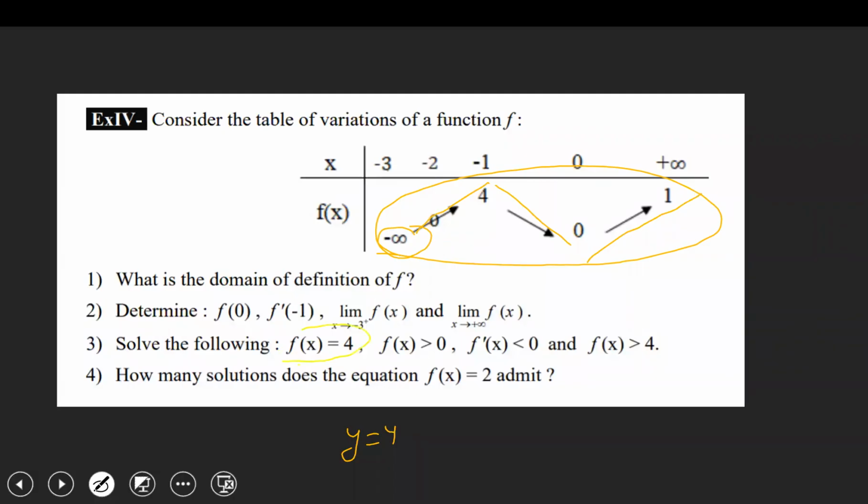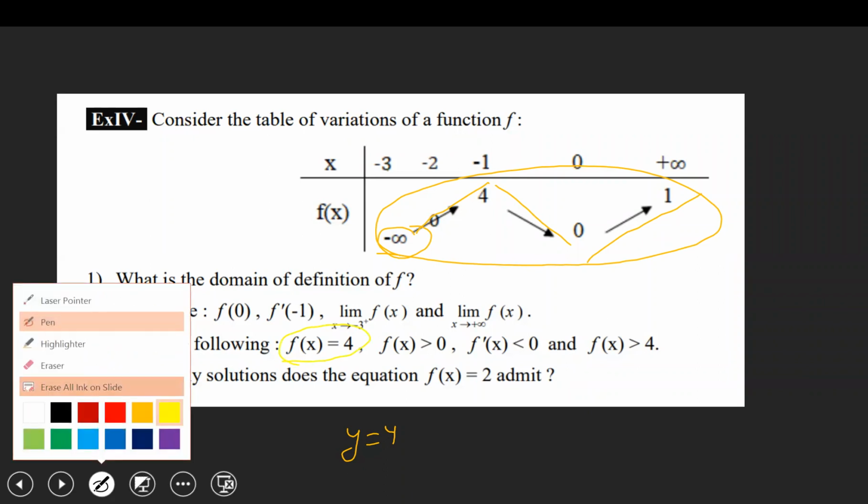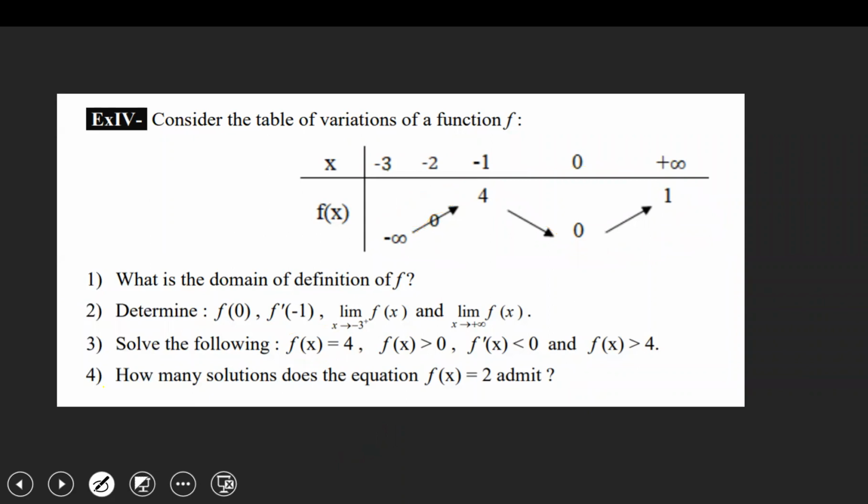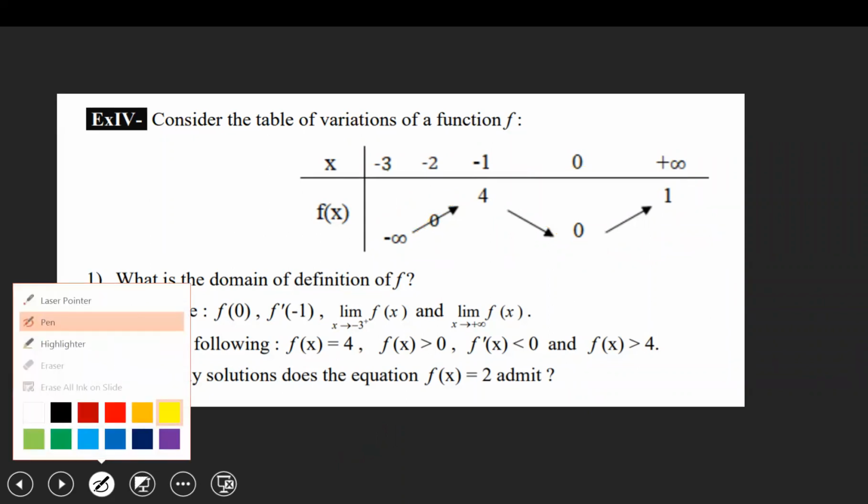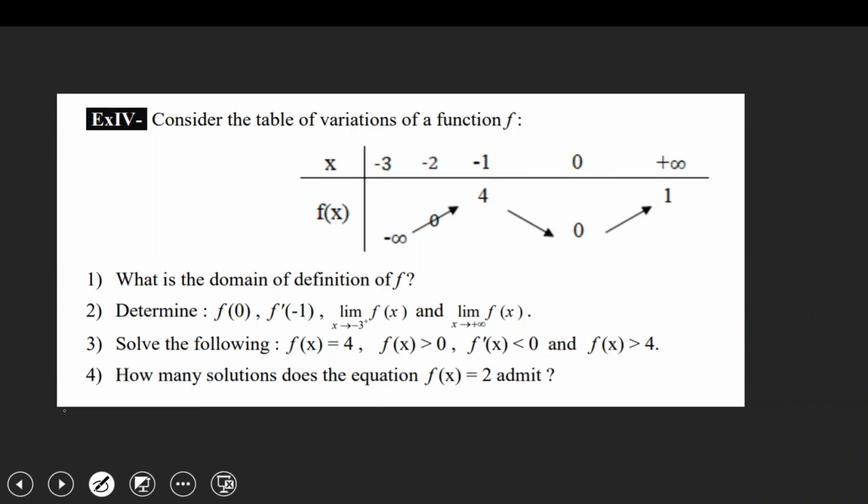I want to find the solutions of f of x equal to 4, reading it from the table of variations. How to think about this? I start from here, going up from minus infinity, I reach 4. So I touch 4 for the first time. Then I go down to 0, there is no 4 here. And from 0 to 1, there is no 4 here.